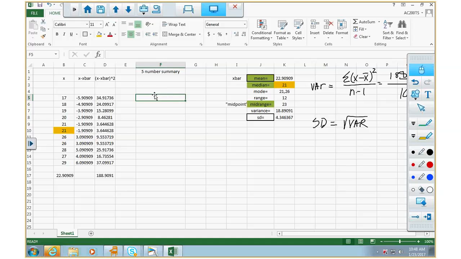All right. The 5-number summary is made up of the mean, the first quartile, or 25th percentile. It's called 2 things. It's called the first quartile or the 25th percentile.